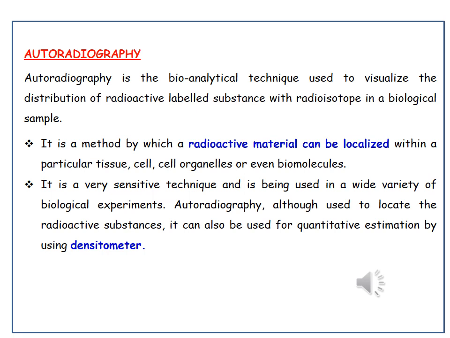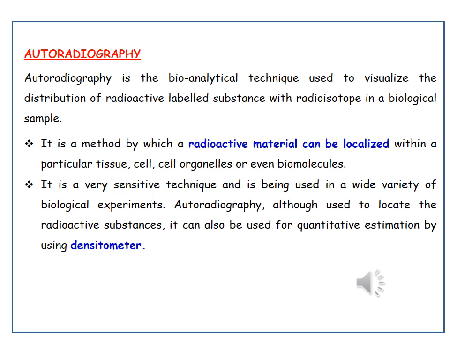Autoradiography. Autoradiography is the bioanalytical technique used to visualize the distribution of a radioactively labeled substance, with a radioisotope, in a biological sample. It is a method by which a radioactive material can be localized within a particular tissue, cell organelles, or even biomolecules.